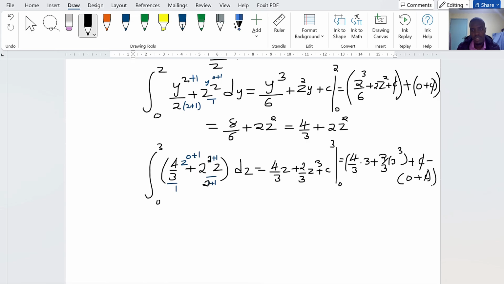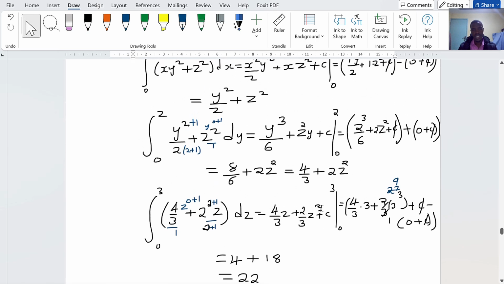That cancels. Now what we have is 4 plus, this is going to be here 1. Here we have 27. So 3 there 1, 3 into 27, 9. 9 times 2, 18. So plus 18. The answer is going to be 22.